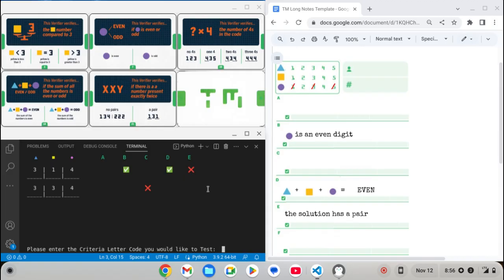Okay, so let's go ahead and I guess the way I'm going to write it, yeah, I'll say the solution does not have a single 4.